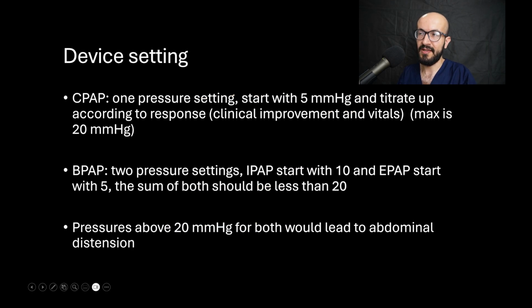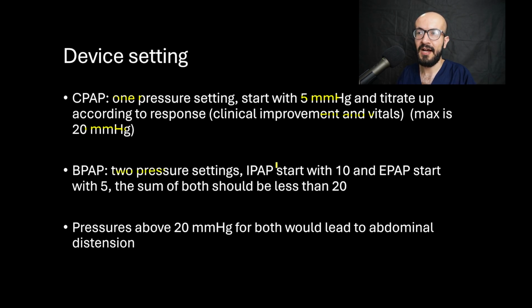Now let's talk about the device settings. So in CPAP, there is one pressure setting. We start from 5 millimeters mercury and titrate up according to response, that is clinical improvement and vitals, and the max is 20 millimeters mercury. Now in BPAP, we have two pressure settings.